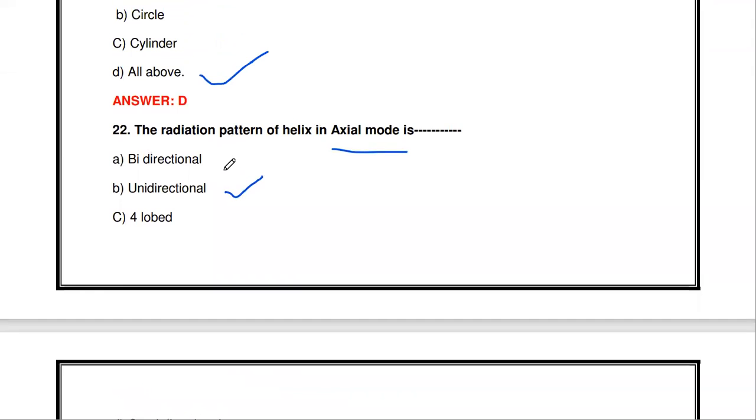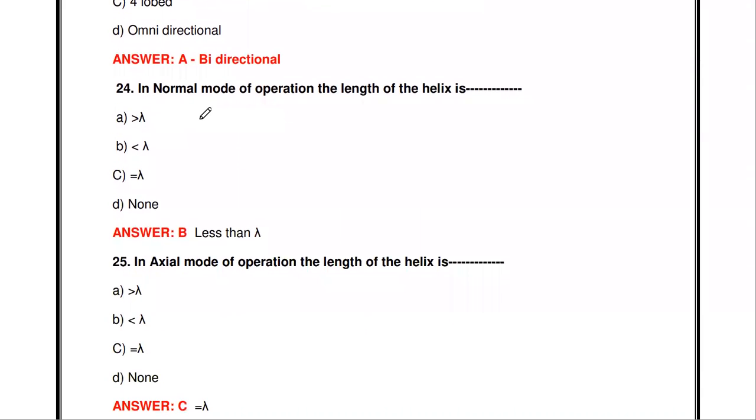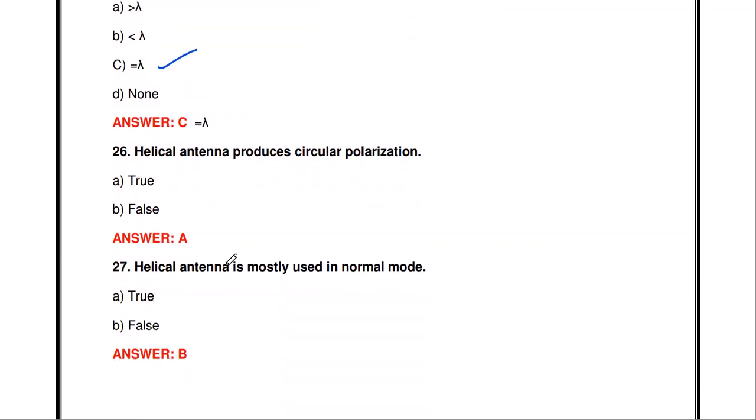In axial mode, it is unidirectional. Then in normal mode of operation, the length of the helix is less than operating wavelength lambda. Similarly, in axial mode of operation, the length of the helix is equal to lambda.